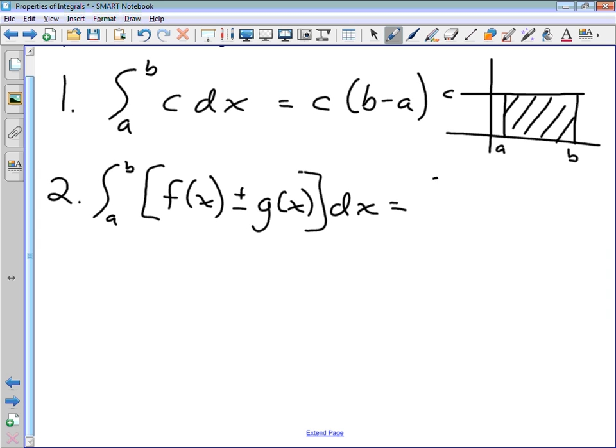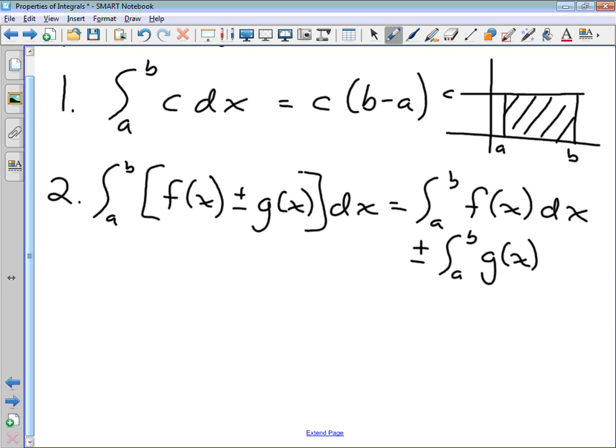So I can do the integral from a to b of f(x) dx plus or minus the integral from a to b of g(x) dx. And you're going to use this rule almost without thinking about it, breaking up a series of terms and doing the integrals piece by piece.